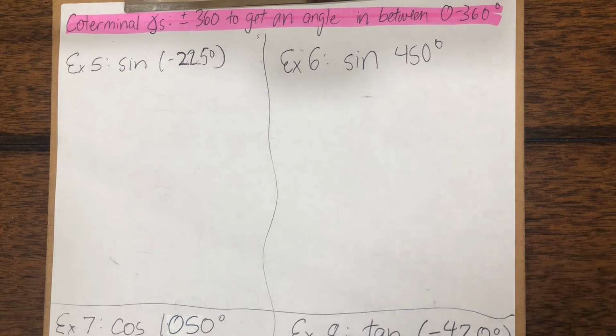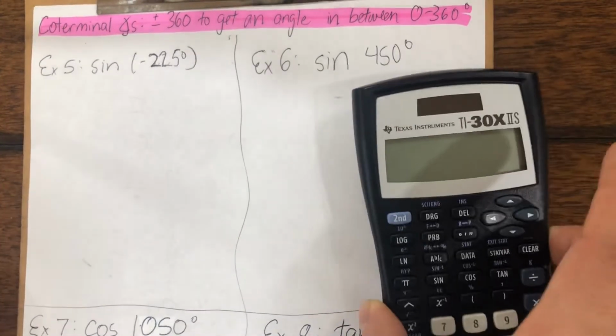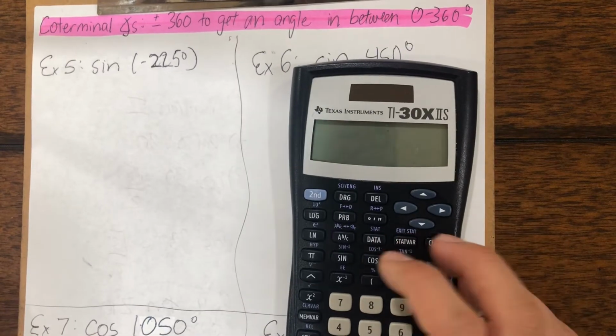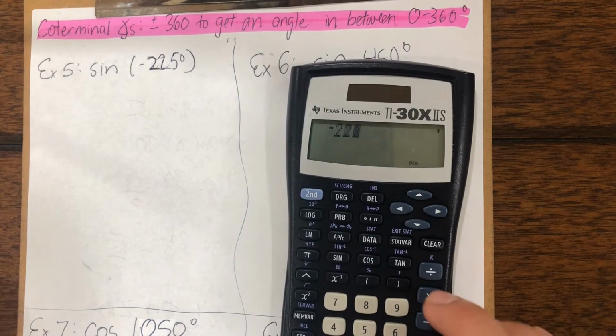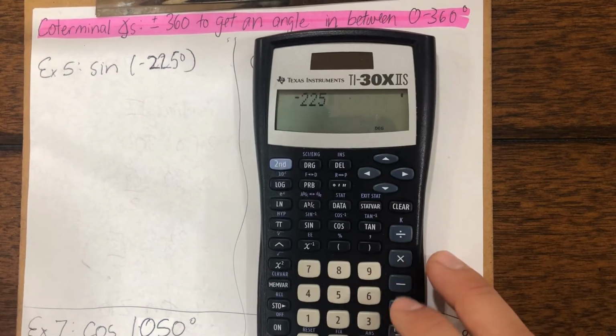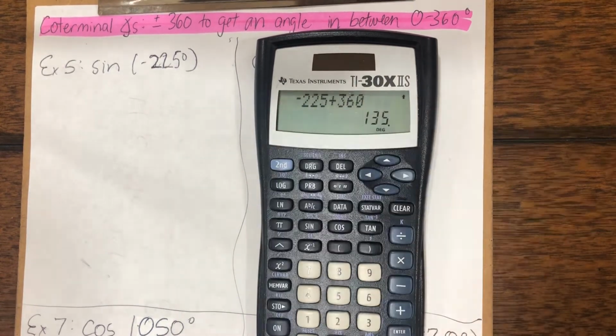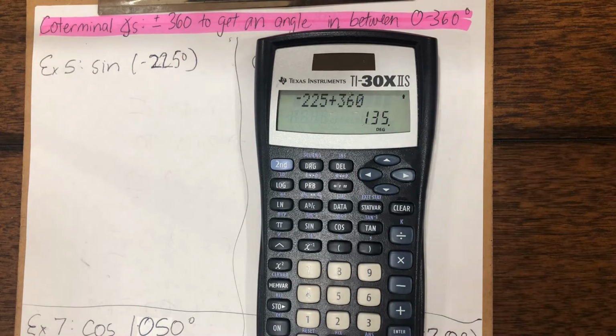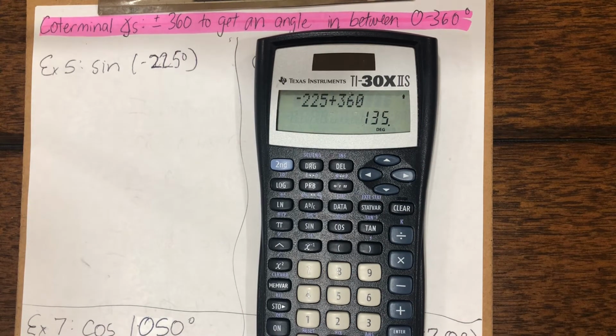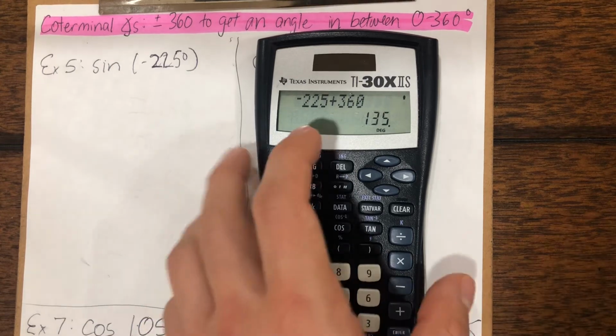If you said add, then you're absolutely right. So I'm going to take out my calculator, and I have negative 225, and I'm going to add that to 360 degrees. When I do that, I get 135, and 135 is in between 0 to 360 degrees. So we're good on that.